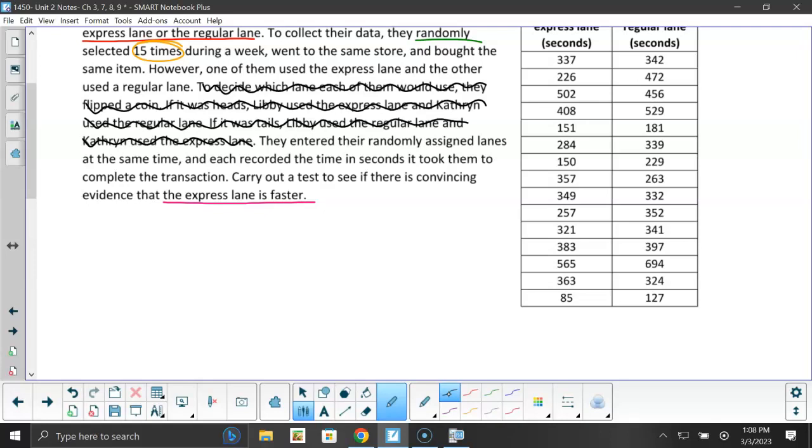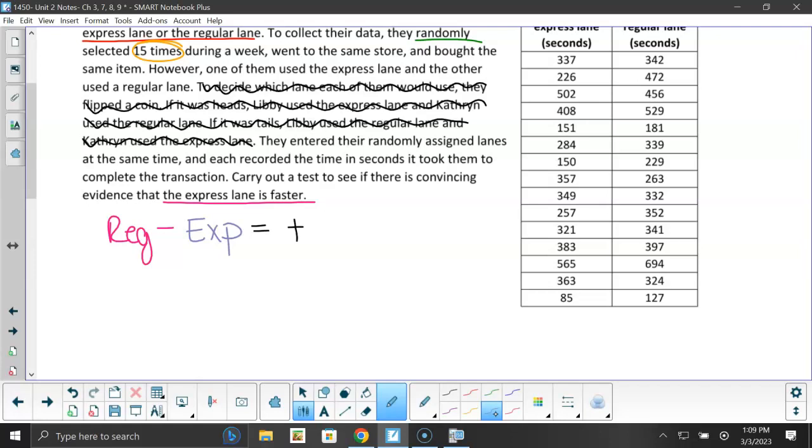And the reason is because if the express lane actually is faster, what should this number be? Positive. Regular should take more, like if it takes me 10 minutes to go through regular and 3 minutes to go through express, it should be a positive number. Now this is if the express lane is faster. If the express lane is slower, it's going to be a negative number.